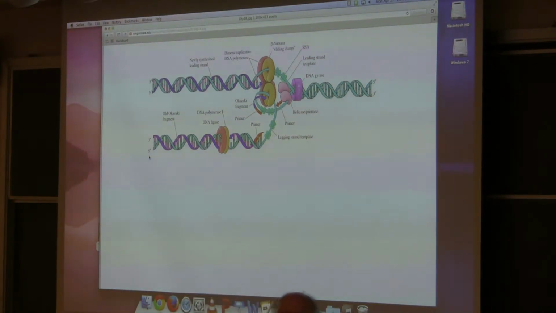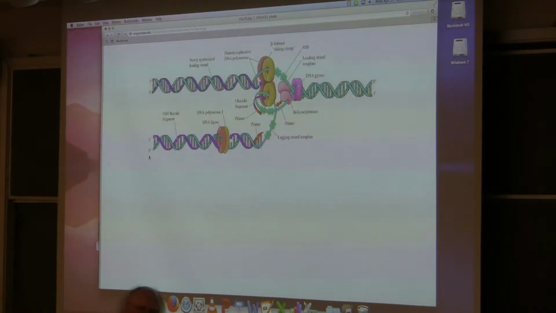When the replication fork is replicated, both strands are replicated at the same time. This means there are some hurdles the DNA polymerase has to get through to make both of those processes happen at once, because I can't simply reverse one process. That would be making it 3' to 5'.